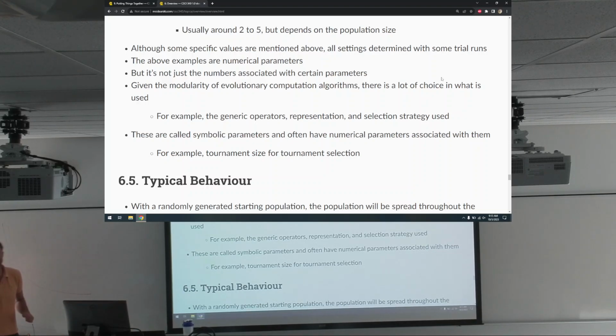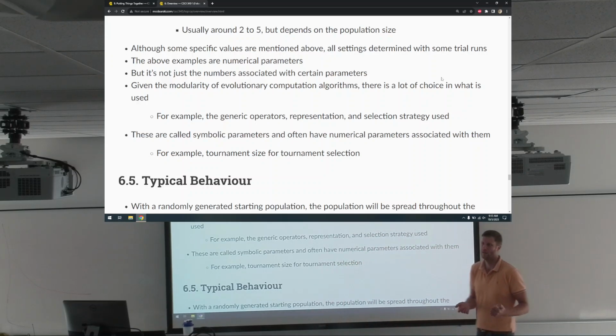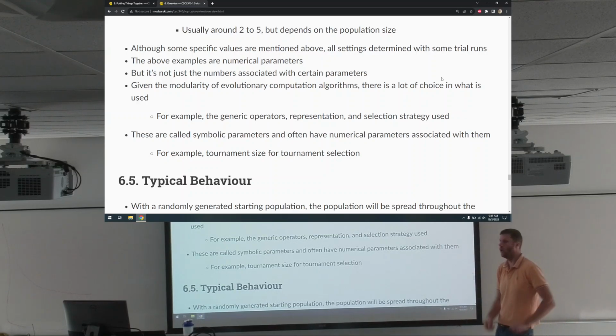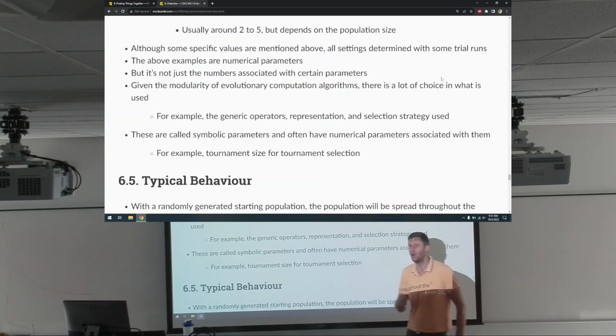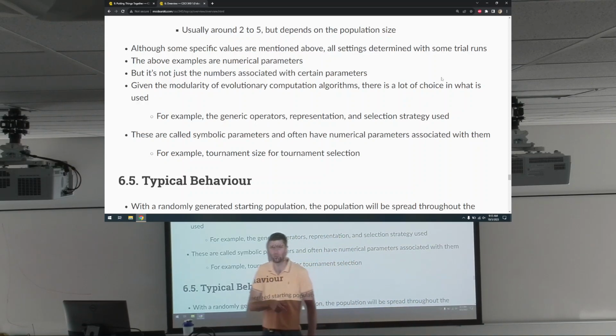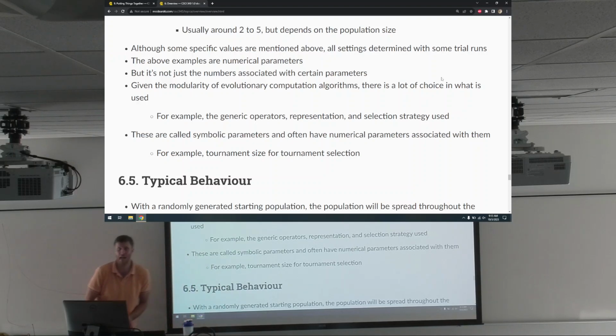There's also what we call the symbolic parameters, or what people try to call symbolic parameters. These are really what make up your GA. So the symbolic parameter would be like, what crossover did you use? What mutation did you use? What selection operation did you use? Because remember, a GA, or evolutionary computation, is that high-level framework.